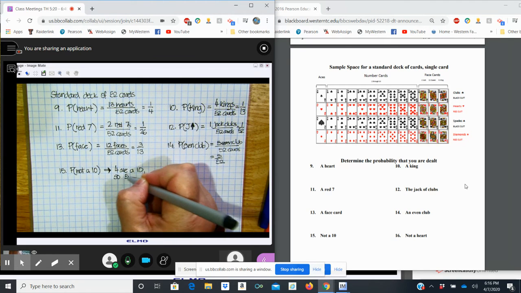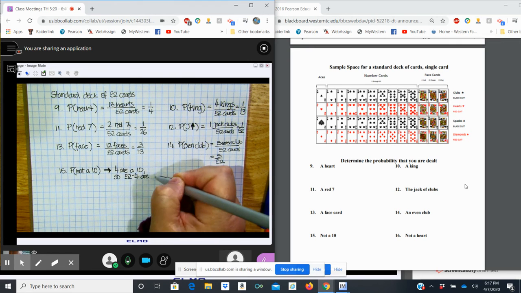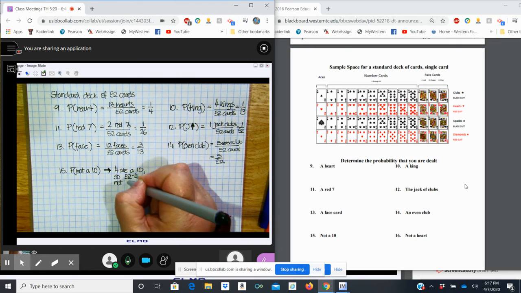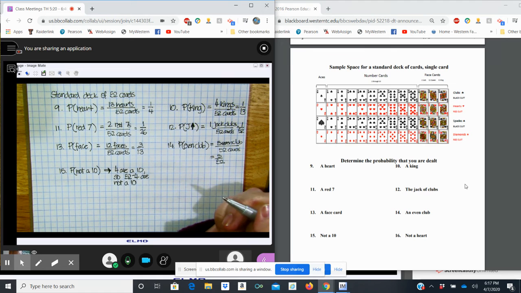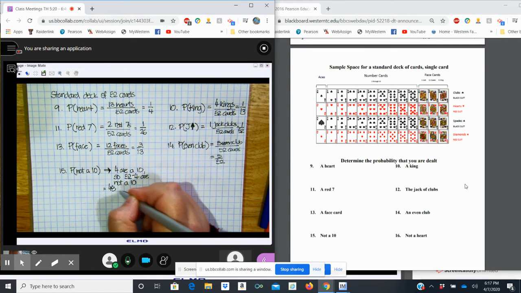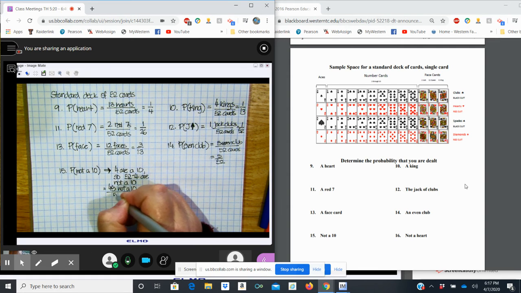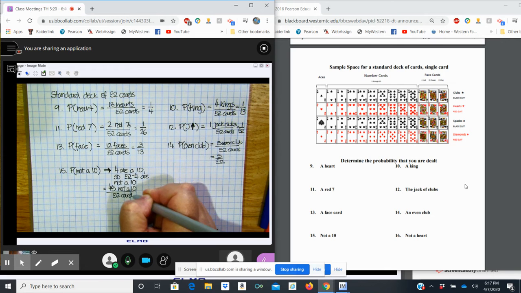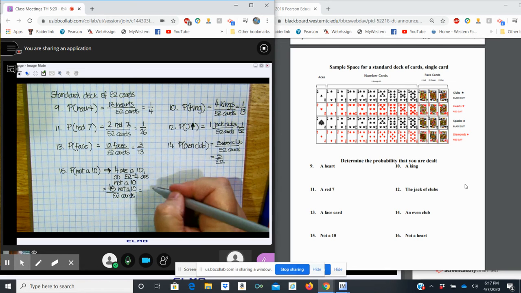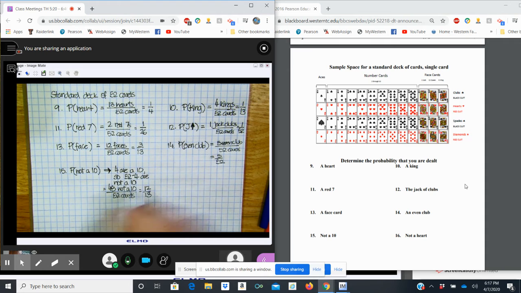So 52 minus 4 are not. So this would give us 48 not a 10 out of 52 cards, which is 12 out of 13.